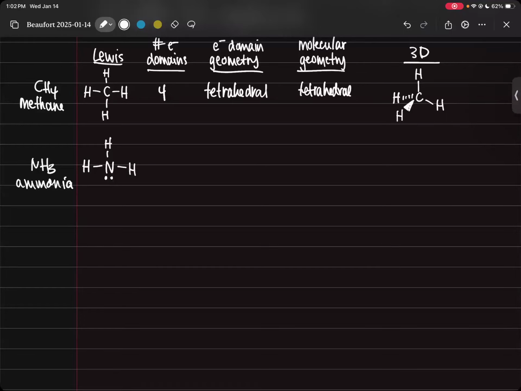So it's got 3 bonds and a lone pair. So that's a total of 4 electron domains. The lone pairs count in this case. So we've already established that 4 is tetrahedral.